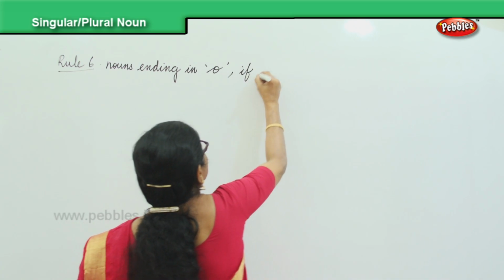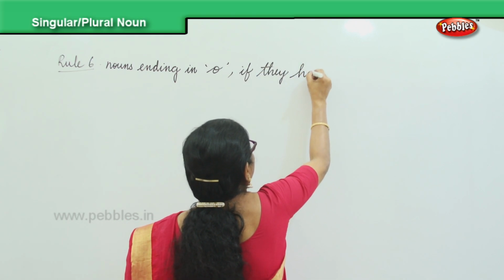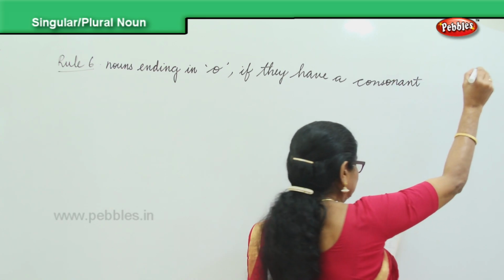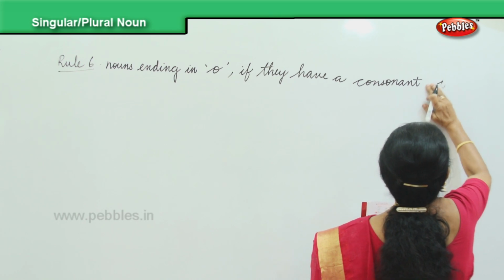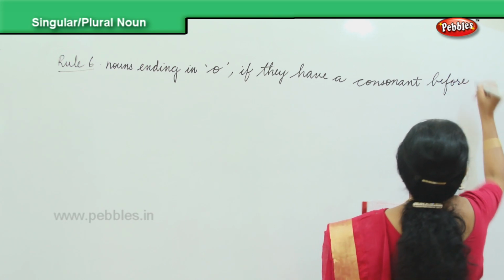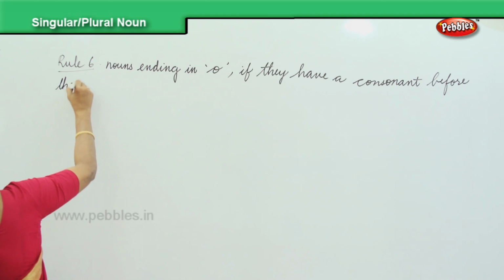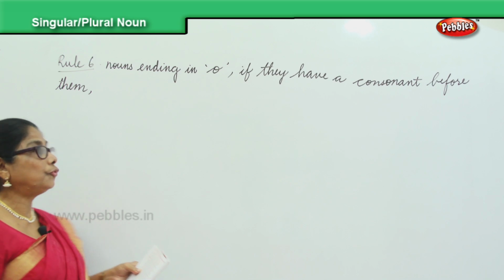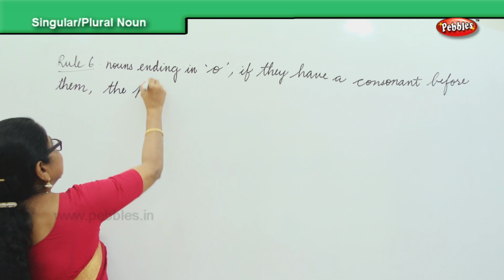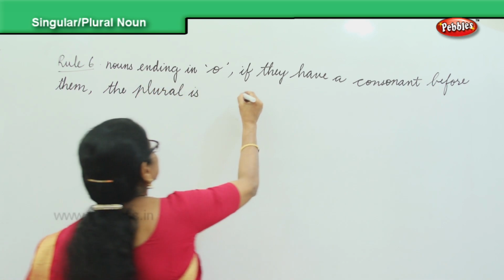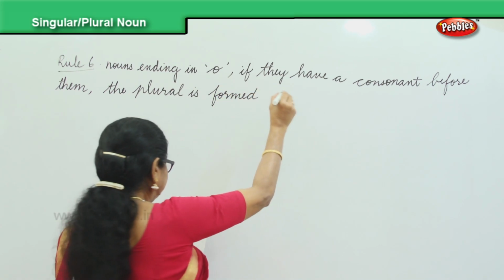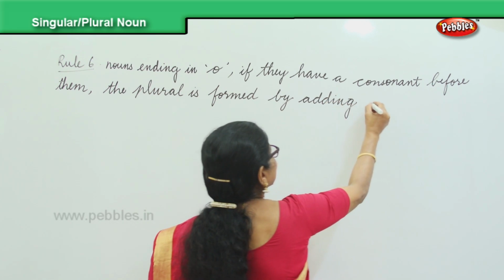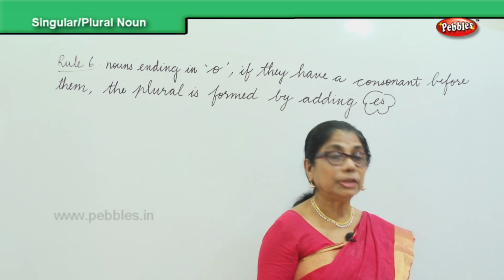Rule 6: nouns ending in O, if they have a consonant before them, the plural is formed by adding ES to the singular.